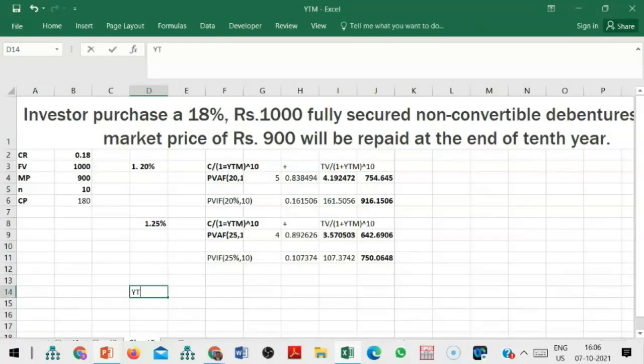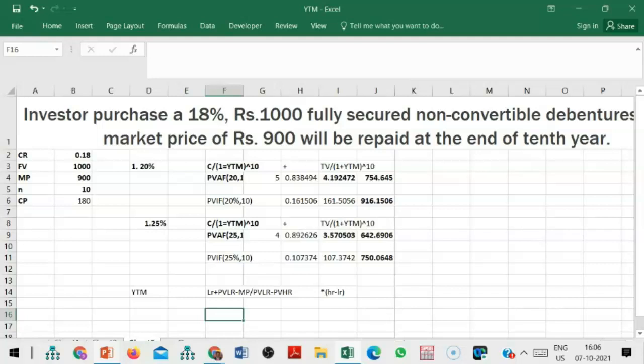The yield to maturity is calculated using the formula: lower rate plus the present value of lower rate minus market price, divided by the present value of lower rate minus the present value of higher rate, multiplied with the difference of higher rate minus lower rate. This formula can be applied for this particular purpose.